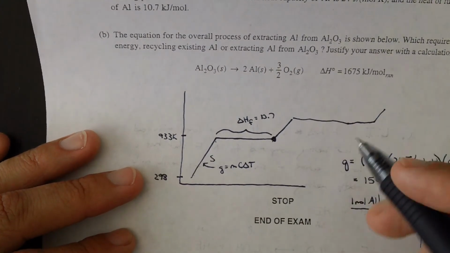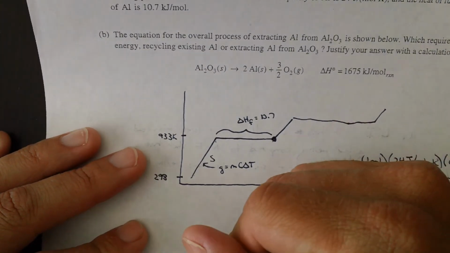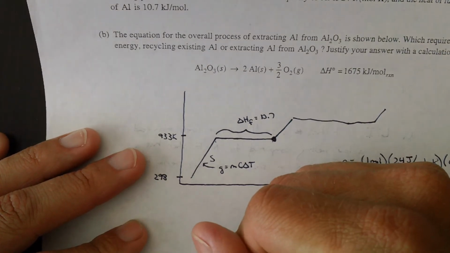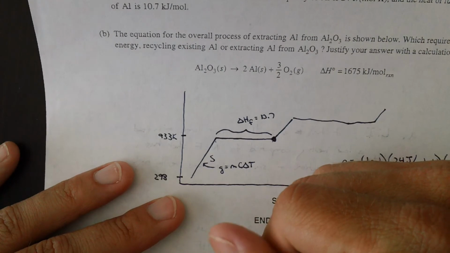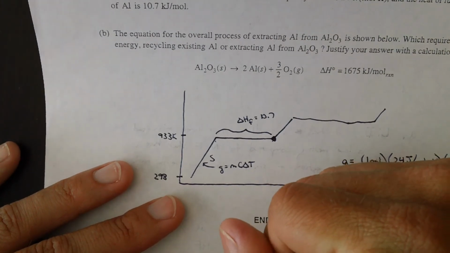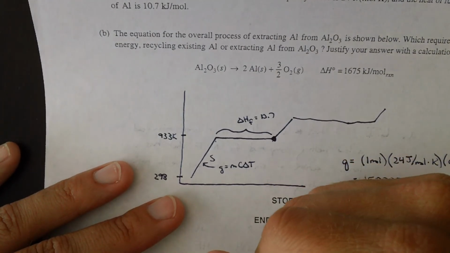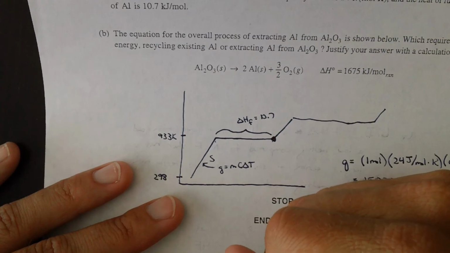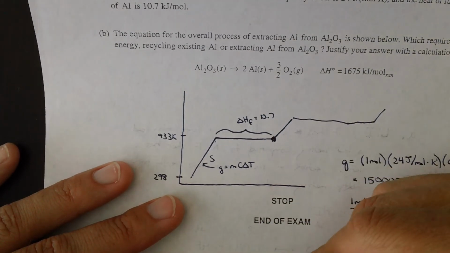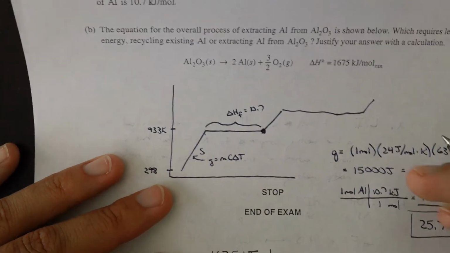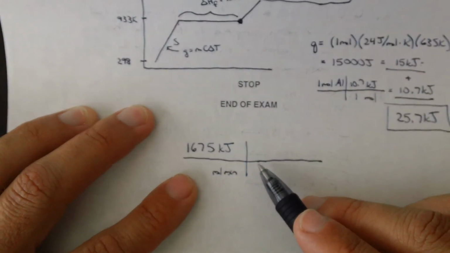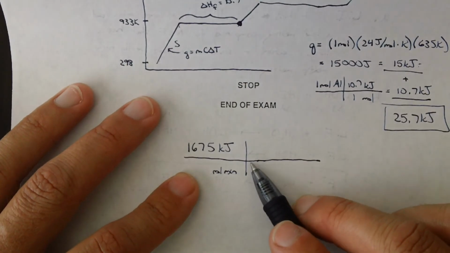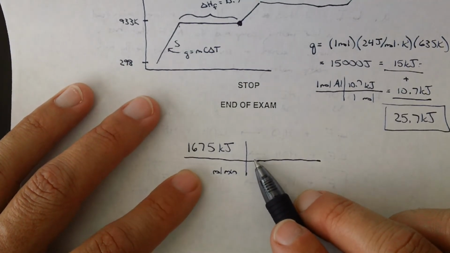So the way this really looks is we have 1,675 kilojoules per mole of reaction. I like to set up my units this way. I need to figure out how many moles of aluminum, how many kilojoules per mole aluminum.